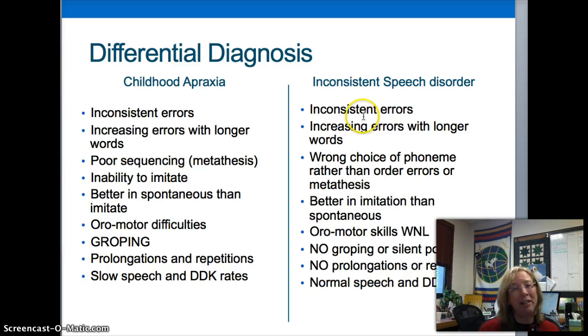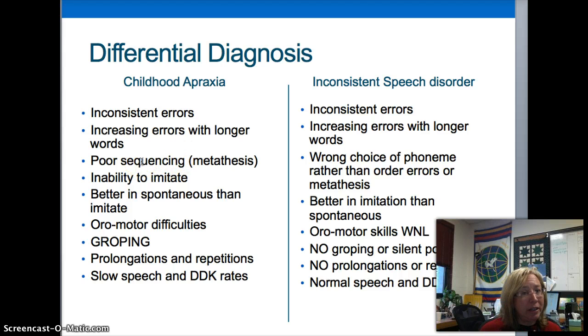We do see inconsistent errors with this subtype of inconsistent speech sound disorder. Kids with apraxia are going to have harder times with longer words. So beater, beating, they would break down in that word. But you'll see that with kids with apraxia and kids with inconsistent speech disorder.